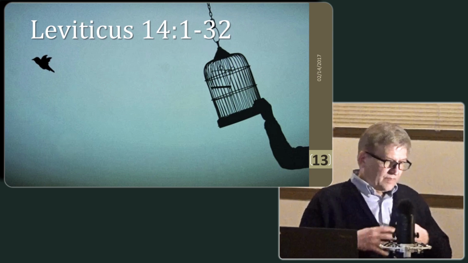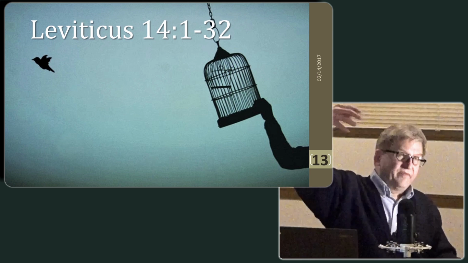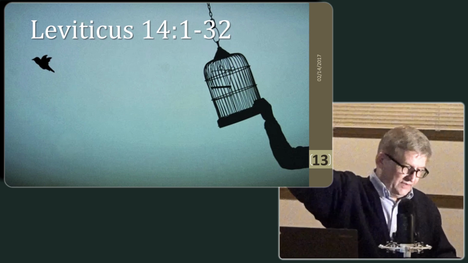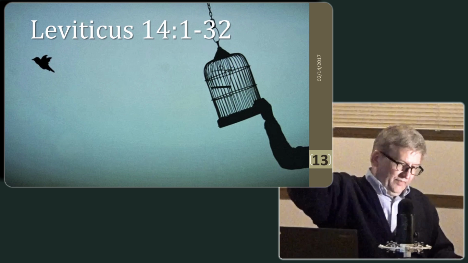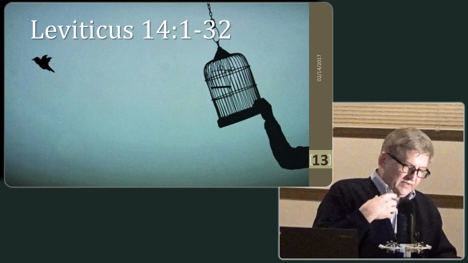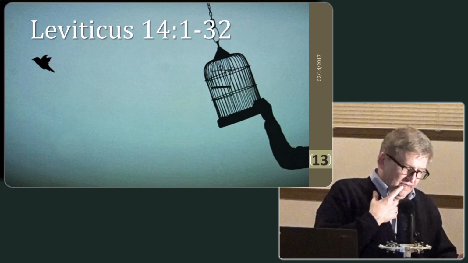Right? So maybe the bird set free represents the removal of the disease from the person and from the house. Or maybe the bird set free represents freedom of the person who's being set free from the captivity of their disease. Right.